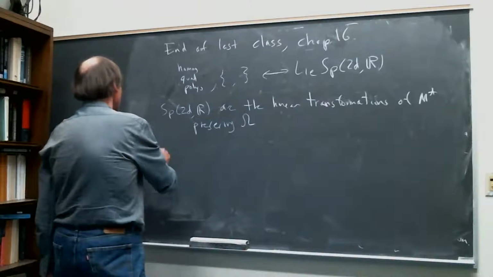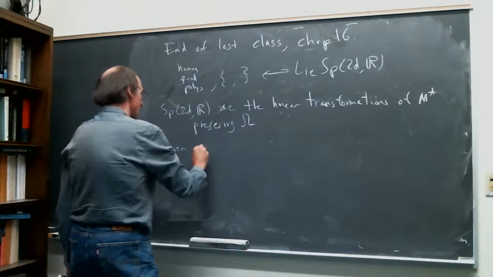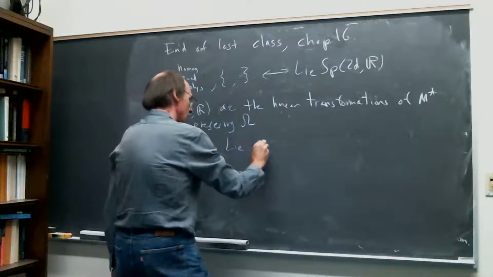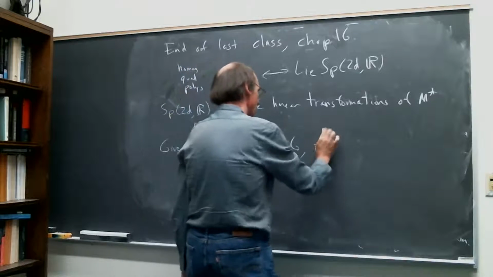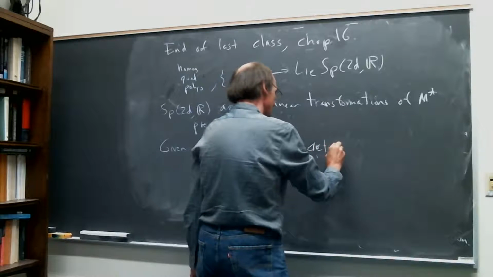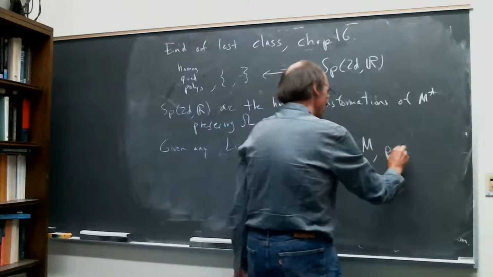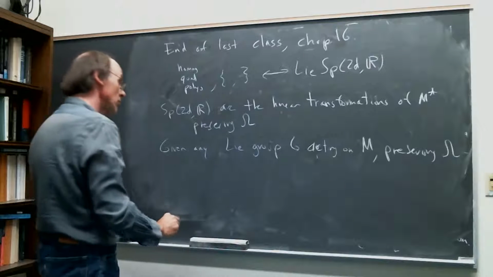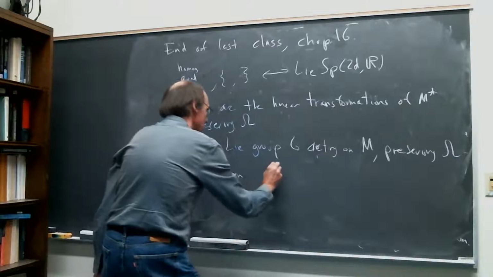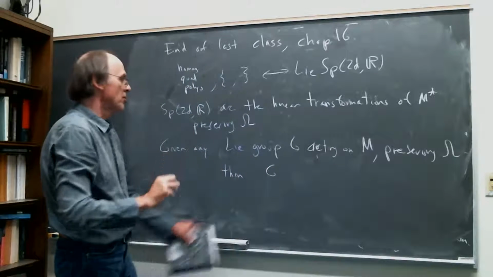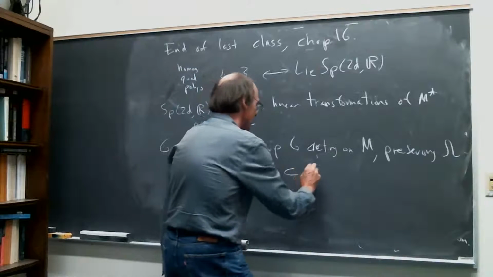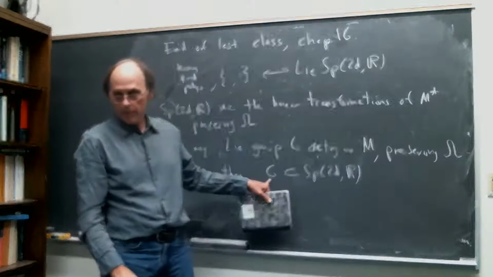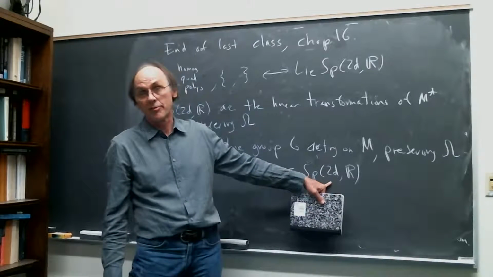And then given any Lie group G acting on M, preserving omega, then what you have is that G sits inside the symplectic group. So all of the elements of G correspond to symplectic transformations.